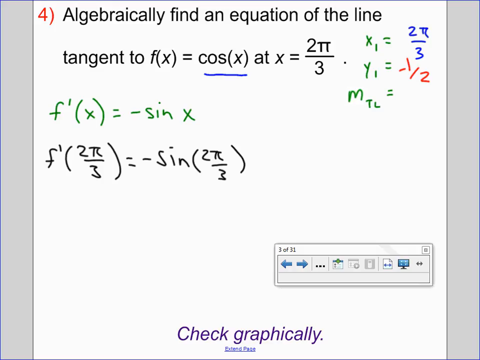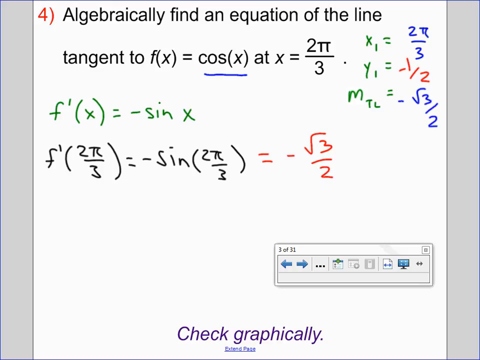So it looks like the slope of our tangent line is given by the opposite of sine of 2 pi over 3, and here we are at root 3 over 2. So negative root 3 over 2. Is that what you guys are getting? Negative root 3 over 2. Awesome.